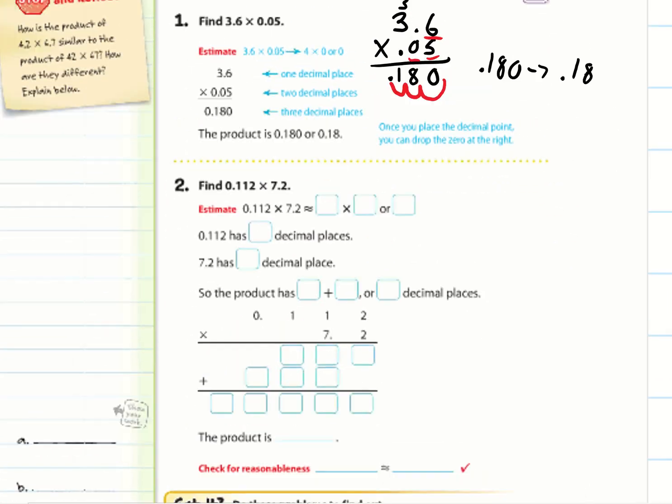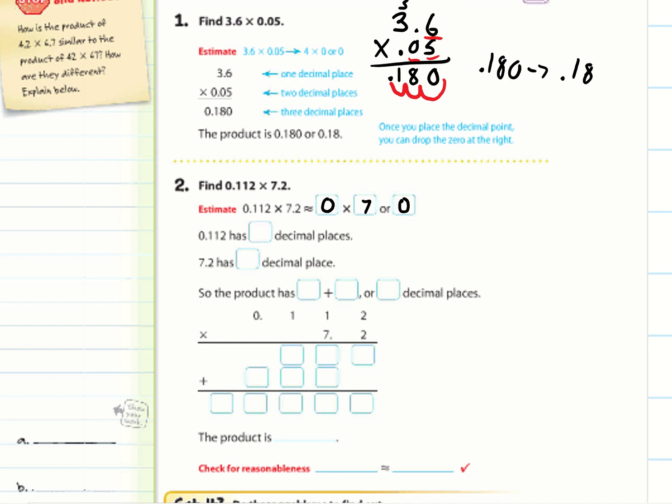So example 2, we have 112 thousandths times 7 and 2 tenths. 112 thousandths, if we estimate that, is that closer to 1 or 0? We're going to say it's closer to 0. 7 times 0 is 0, so our answer should be pretty close to 0.